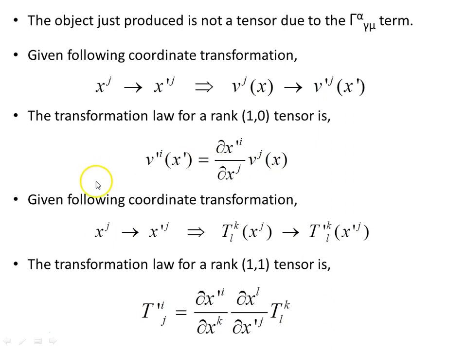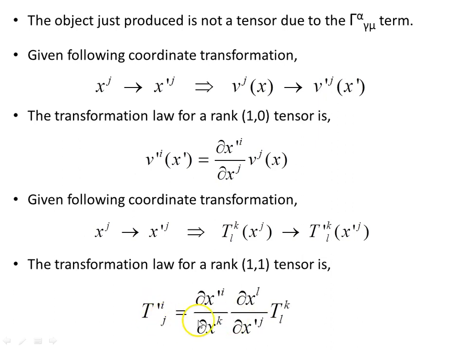Alright, now the same coordinate transformation from x to x prime for a rank 2 tensor, that's a rank (1,1), 1 in the contravariant index, 1 in the covariant index. So the transformation law for a rank 2 or (1,1) tensor, in this particular case 1 upper 1 lower, is this particular object here. dx prime i, dx k, dx l, dx prime j, and notice here prime j.